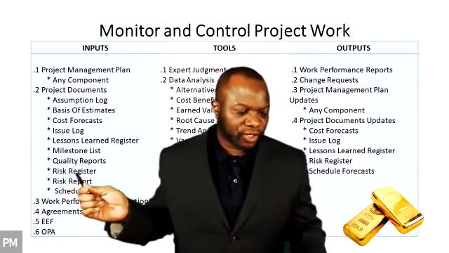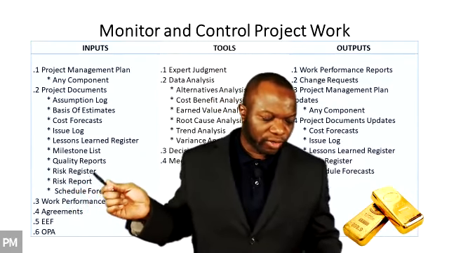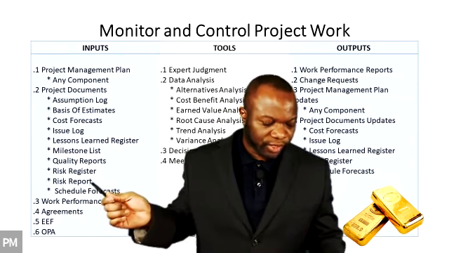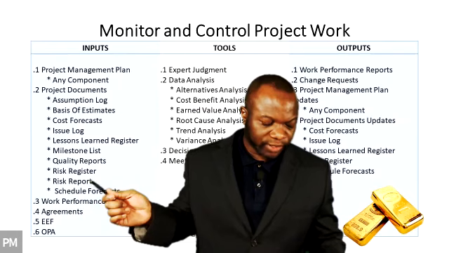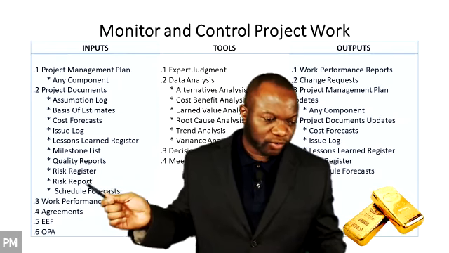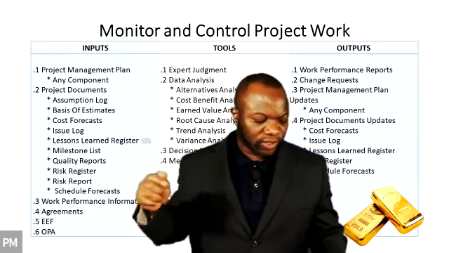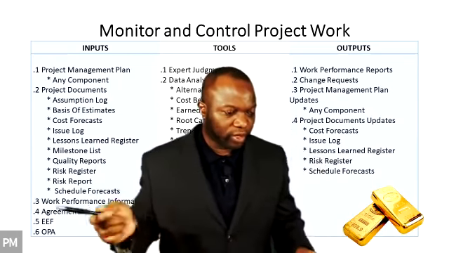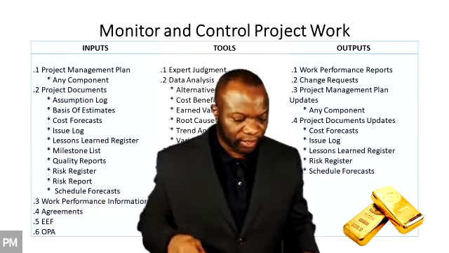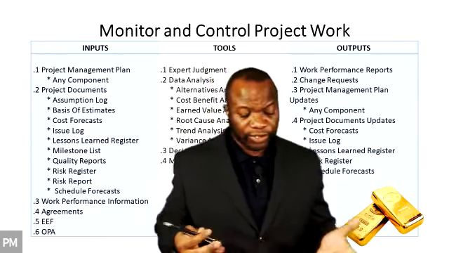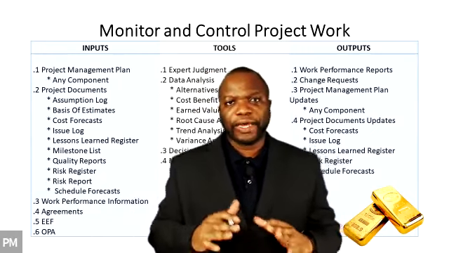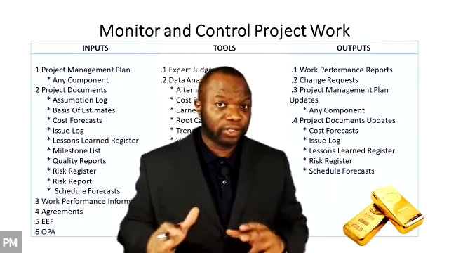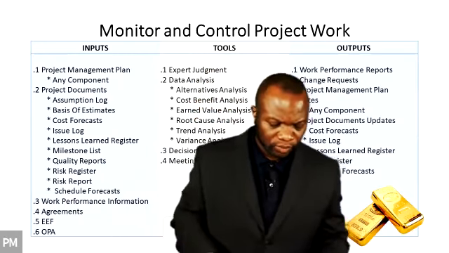And then we have the risk register, a register of all the risks on the project, the risk report, which shows information on the overall project risks and information on individual risks, and schedule forecasts, which help you predict the future of the project from a schedule perspective. So my friends, you see there's a lot of stuff here, but this stuff is good. It's to help you effectively monitor and control the project. All right.